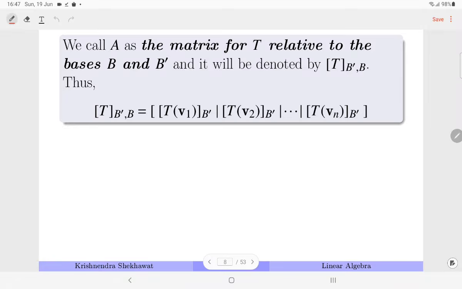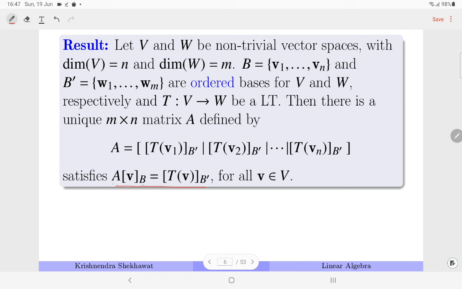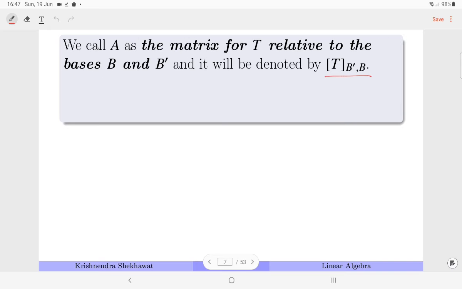Yes, so here the idea is that if we have the coordinates of vector V with respect to basis B, and if we have matrix A, then we can always compute the coordinates of T of V with respect to basis B dash.